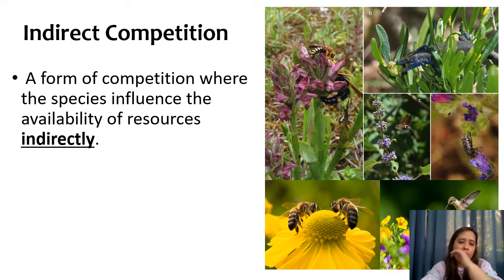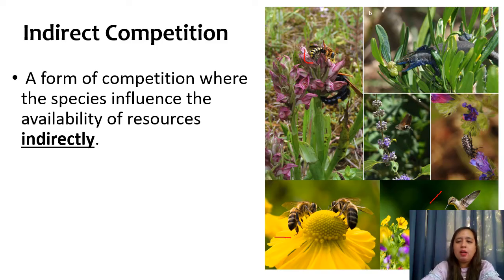Indirect competition, of course, the species in here are indirect. For example, your flower, there are indirect competitors in here for the nectar, no? We have there your bees, you have there your hummingbirds, you have other, what do you call this? Wasp? Bumblebee? No, our wasps, no?